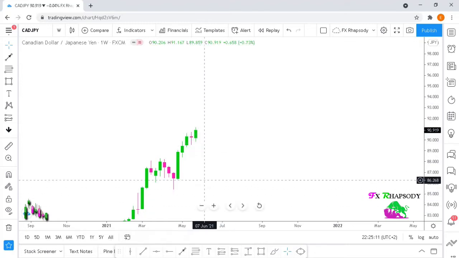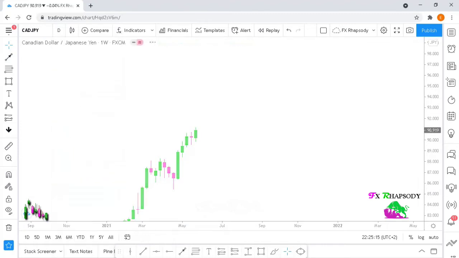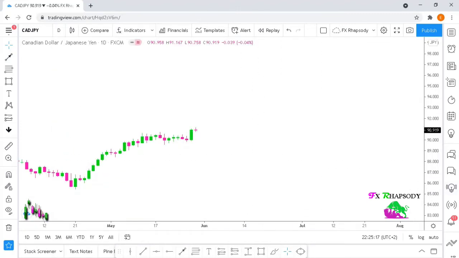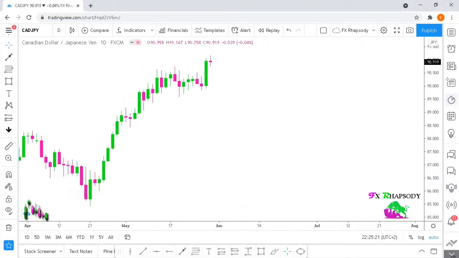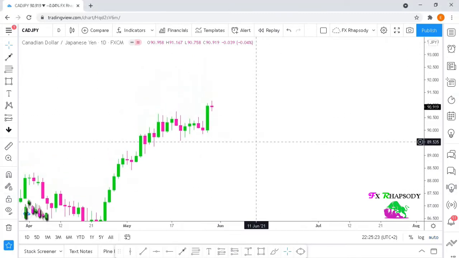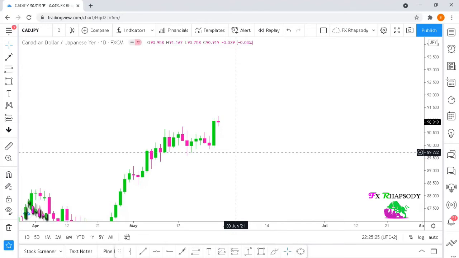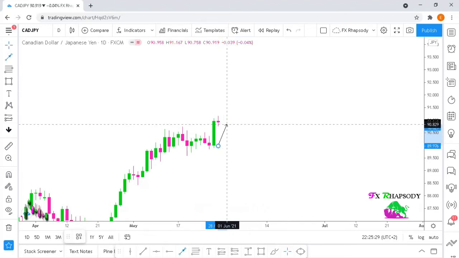On a daily time frame, let's have a look at the daily time frame. Let's just expand it a little bit more. Let me just move this. There we go. Now on a daily time frame, we can see this big momentum, this big bullish candle that went up.